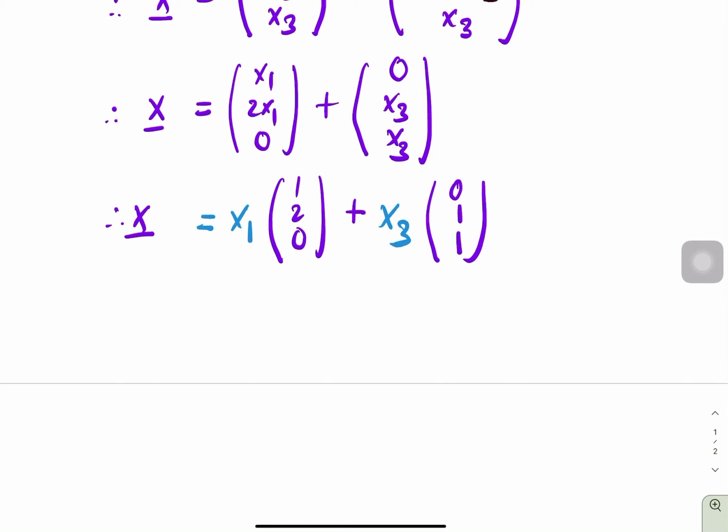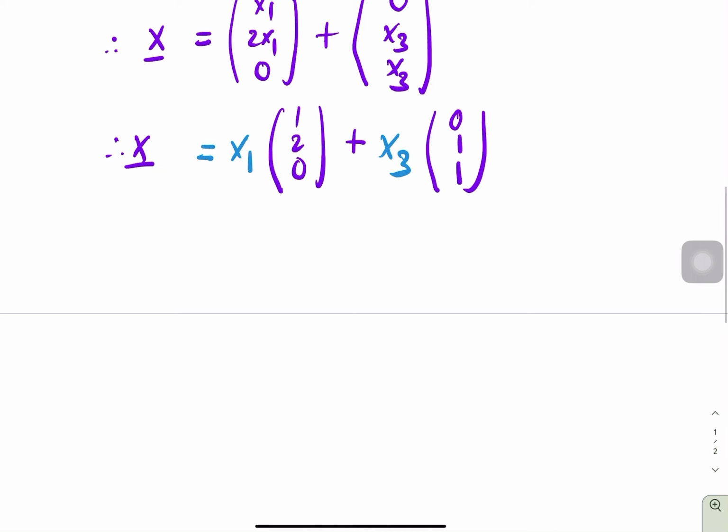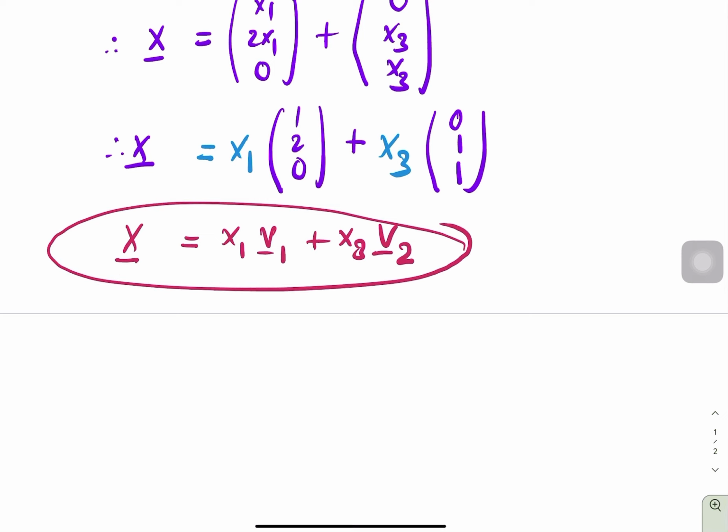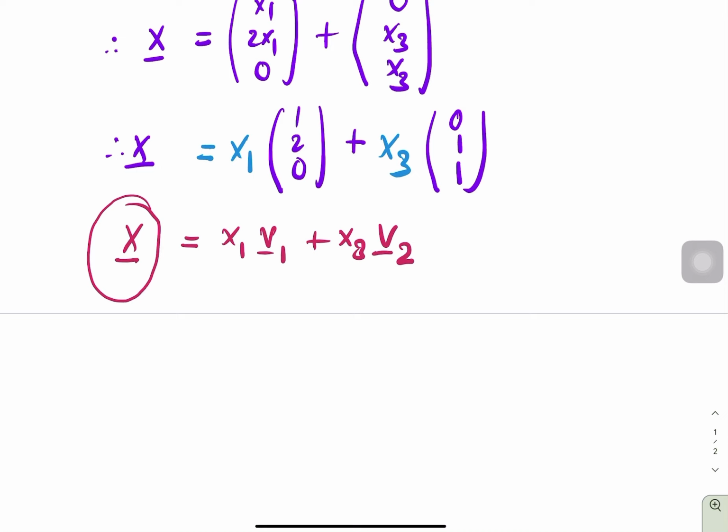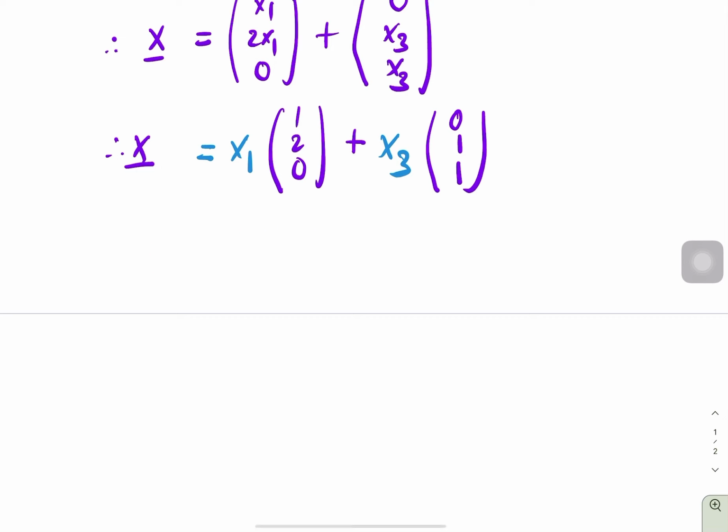So that means we managed to write the vector x in this fashion: x1 multiplied by v1 plus x3 multiplied by a vector v2. We call this situation a linear combination. But if here it was 0, it means it was going to be a homogeneous system, and it was going to lead you to a trivial or a non-trivial solution. So in this case, we are able to write the vector x as a linear combination.